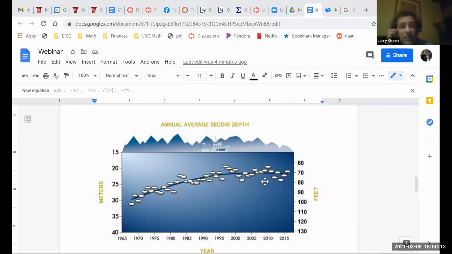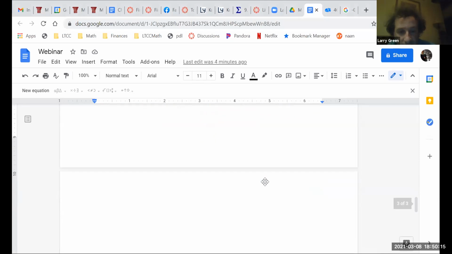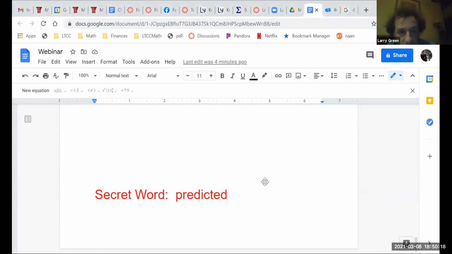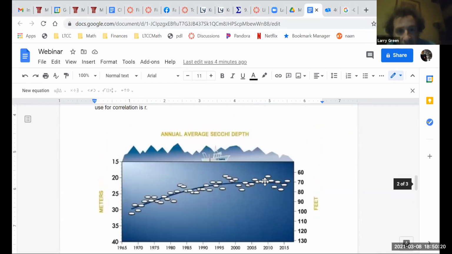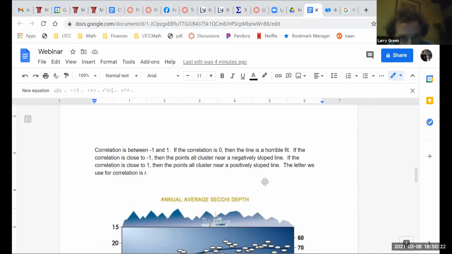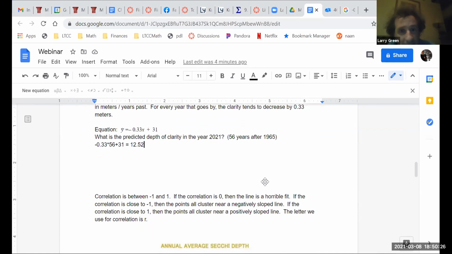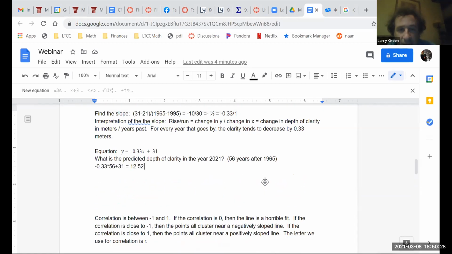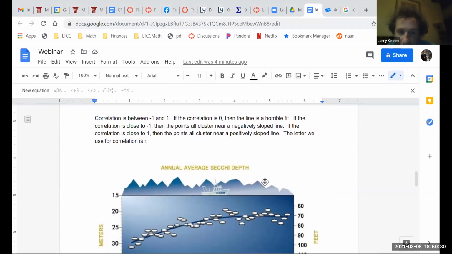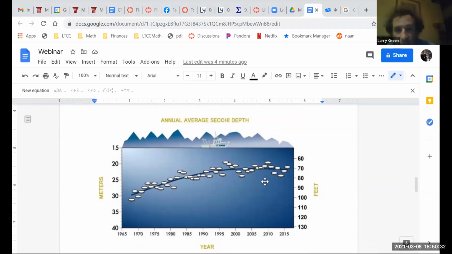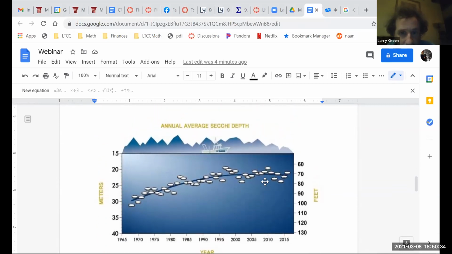So now comes what we call R squared. So our R, we guessed, and we're going to use the guess, looked like it was around 0.9. So let's use 0.9.